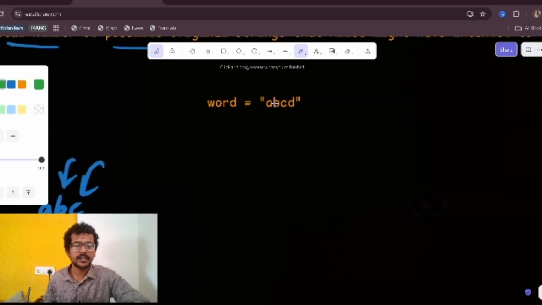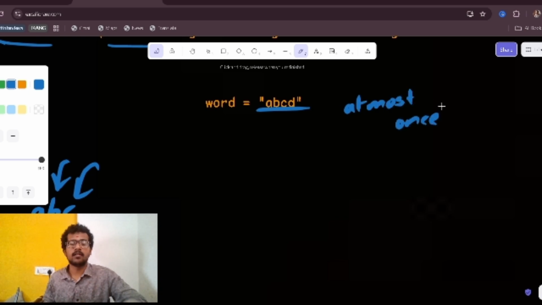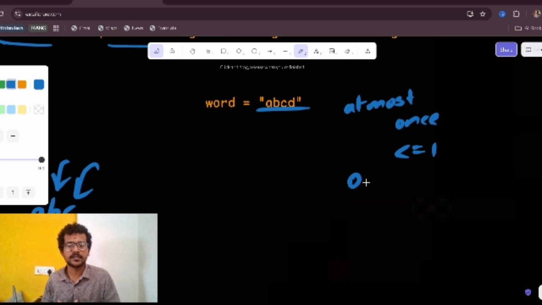Now I have A, B, C, D. Here they said at most once. At most once means less than or equal to 1, so it might also be 0. Now I have A, B, C, D, and it is not that she had to type D but she typed B. It is not the case.